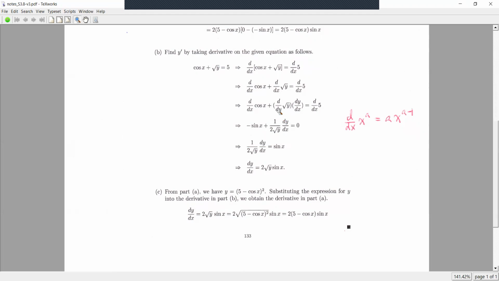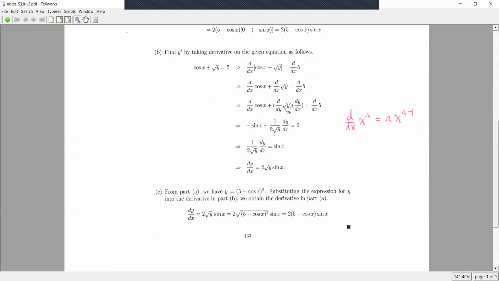Insert dy in the denominator and dy in the numerator. If we cancel dy, then we can get back here. So, by the chain rule, this derivative is this derivative times this derivative.